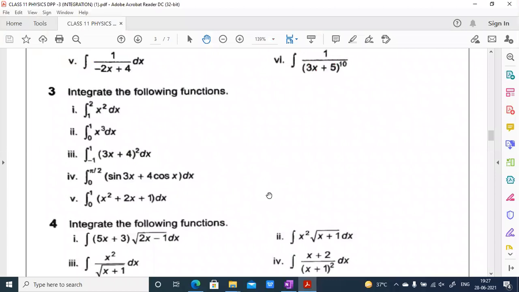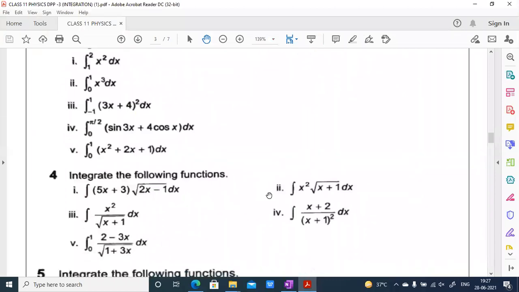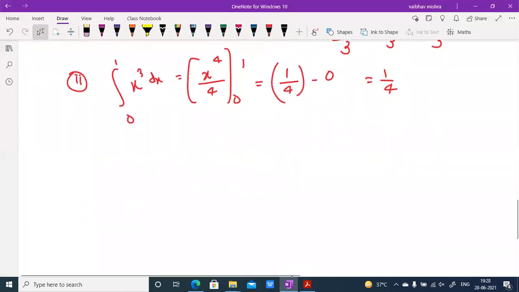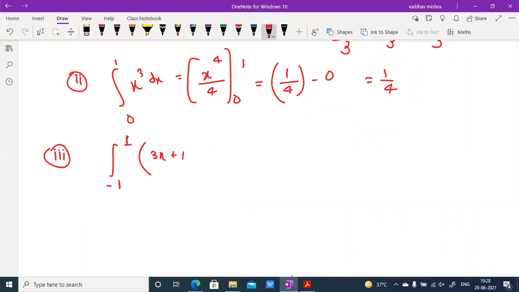Okay, now the third one is, yeah, anyone wants to try the third one? Integration from minus 1 to 1 of 3x plus 4 whole square. Which formula should we use? 3x plus 4 whole cube by 9. Yeah, very good. So we don't have any standard formula for this, but we can think of it as the coefficient rule. 3x plus 4 whole square dx.